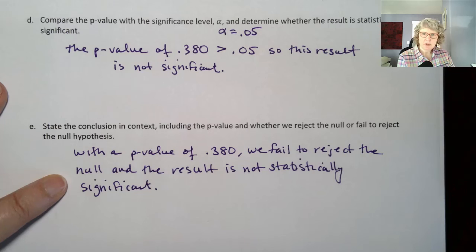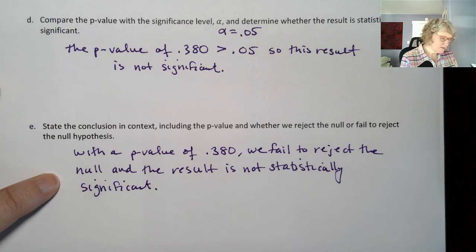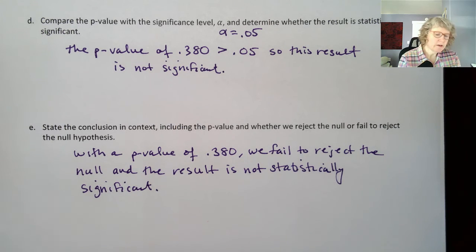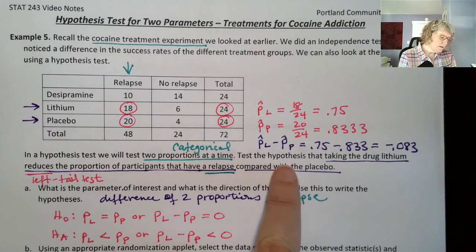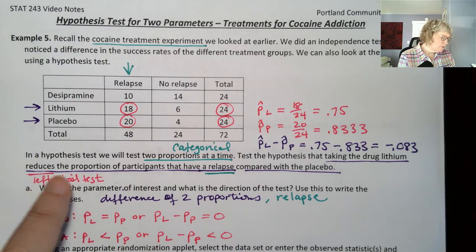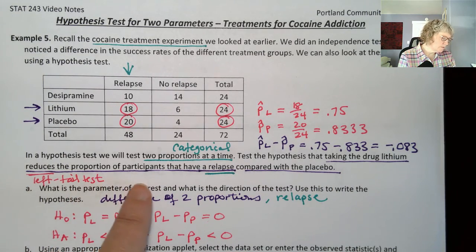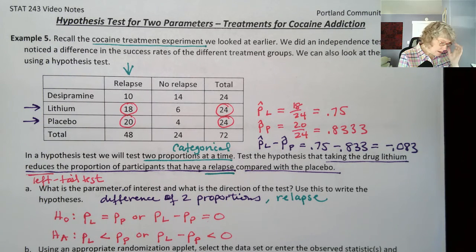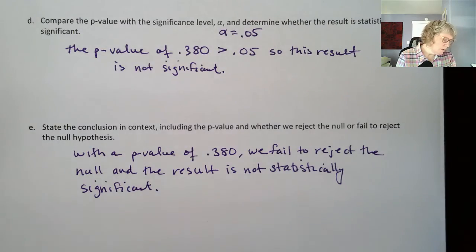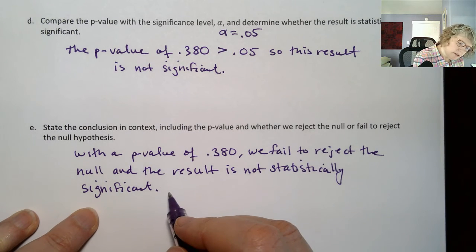Okay, and now's where I need to put it in context, right? What does that mean in terms of the treatments for cocaine addiction? This is where I'm going to go back to the claim. Test the hypothesis that taking the drug lithium reduces the proportion of participants that have a relapse compared with placebo. Okay, so this did not significantly reduce, right? So I'm just going to keep that on the side here.